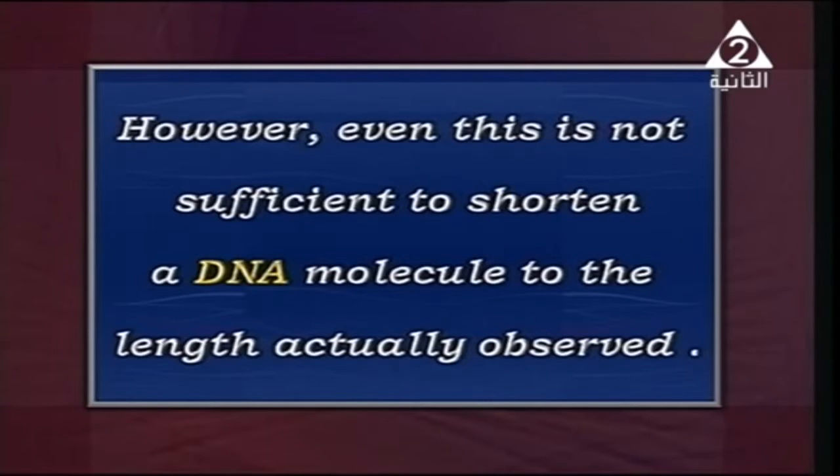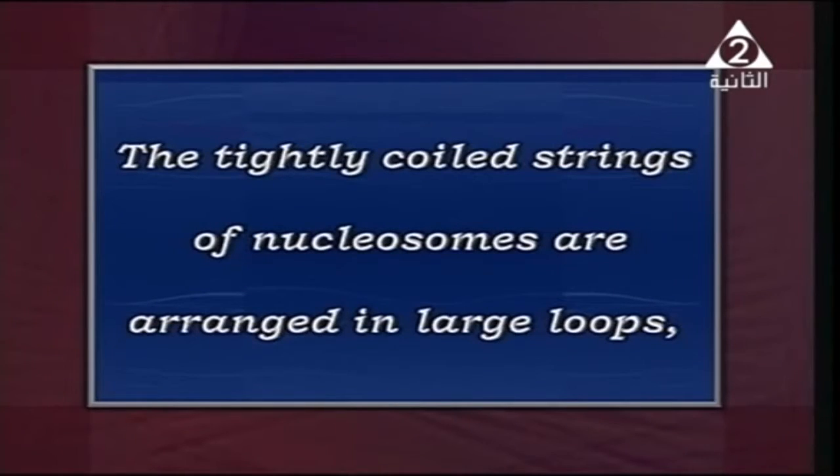However, even this is not sufficient to condense the DNA molecule to the length actually observed. The tightly coiled strings of nucleosomes are arranged in large loops, and there are some actions and some enzymes that work on this large loop to condense the length of the DNA.